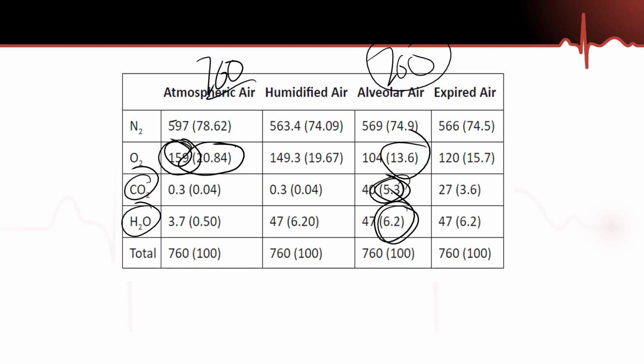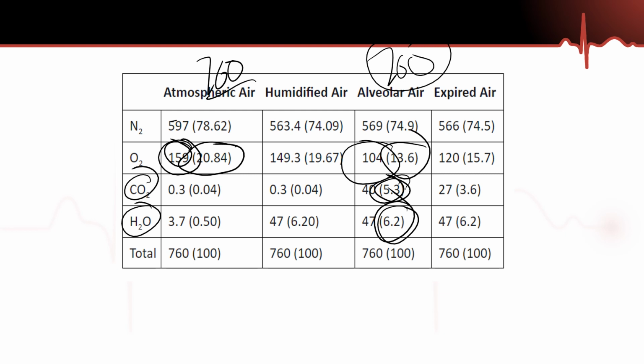All right, so if 13.5% of the air within the alveoli is made up of oxygen, then oxygen contributes about 13.5% to the total air pressure of 760, which comes out to about a partial pressure of 100, right?